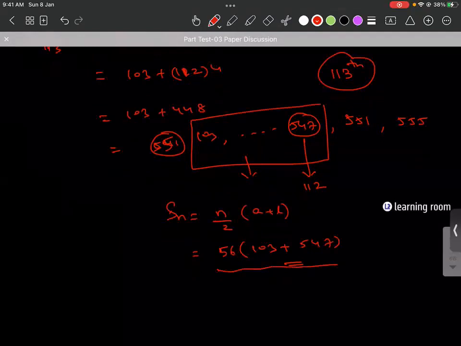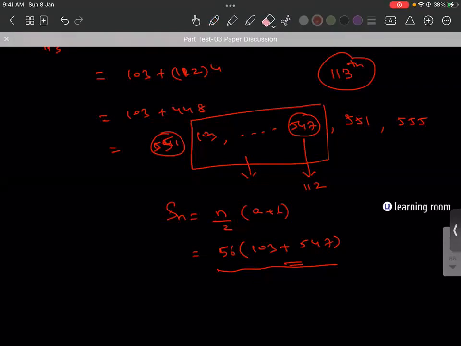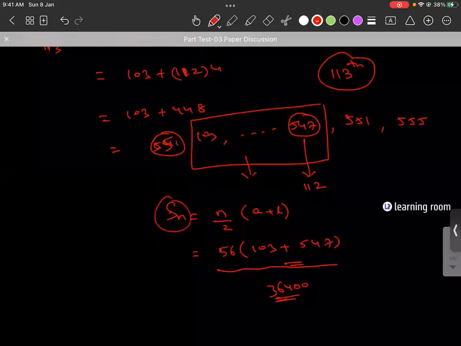If you multiply these two, you should get the answer as 36400. This is the sum of the numbers on the left.